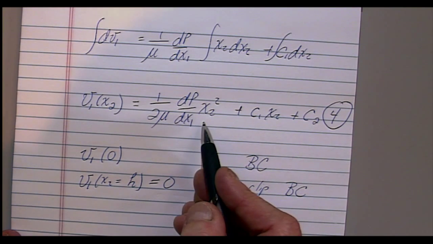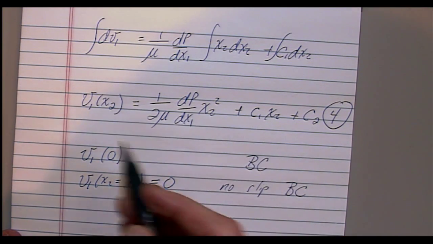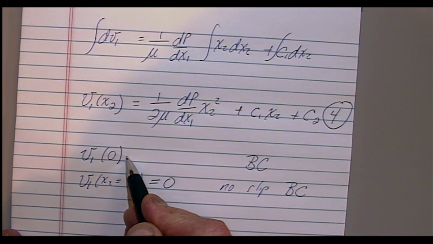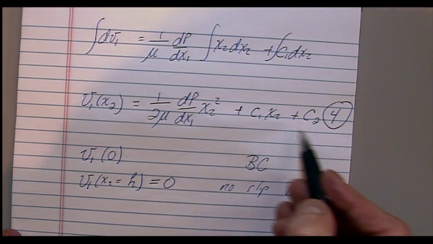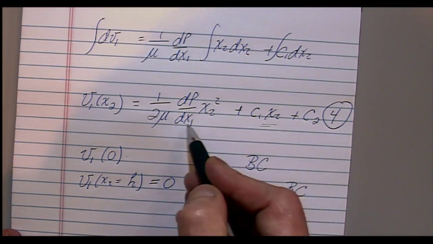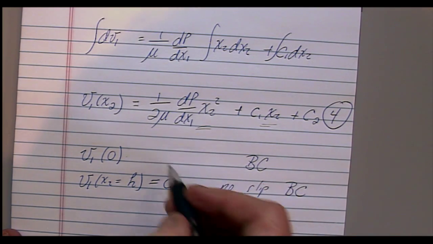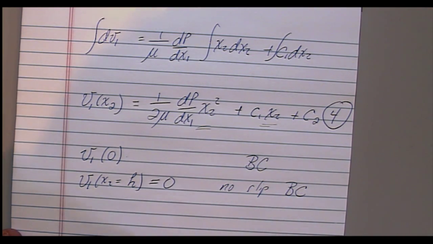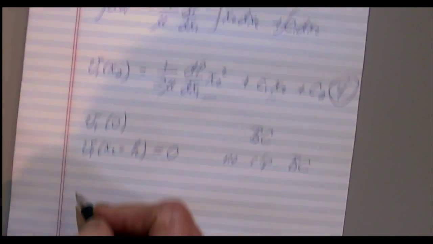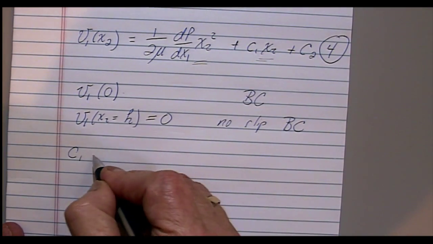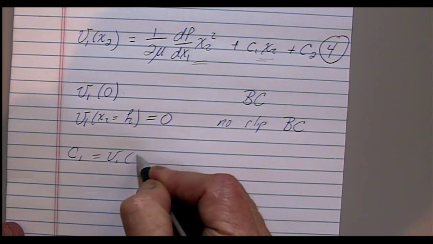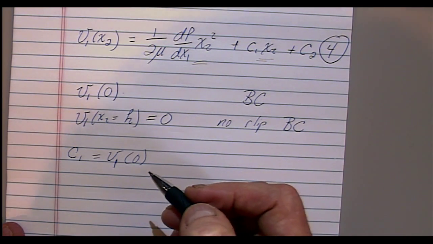If we're at the very top, where x2 is equal to 0, that's velocity v1 at 0. And the only thing that's left, this term is 0, the x squared term is 0, and so the constant c1 must be equal to v1, the applied velocity at the top of the flow.